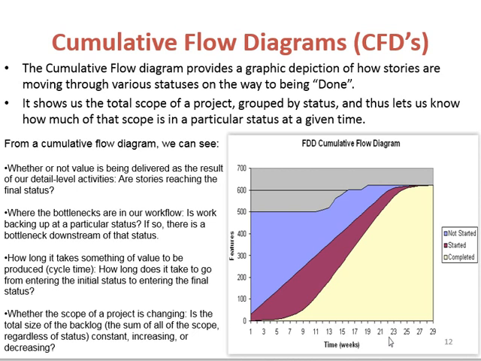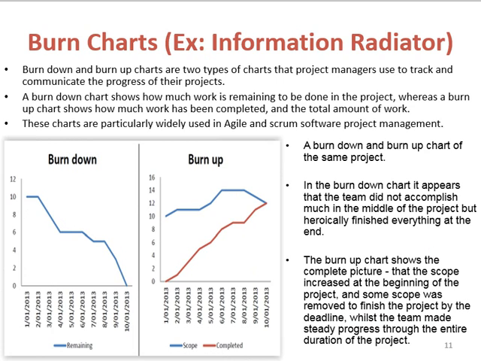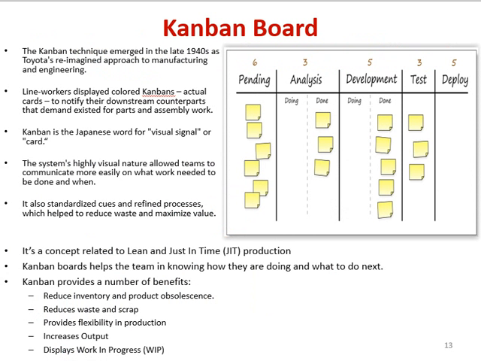The next example of an information radiator is the Kanban board. The Kanban technique emerged in the late 1940s as Toyota's reimagined approach to manufacturing and engineering. Kanban is a Japanese word meaning visual signal or card.